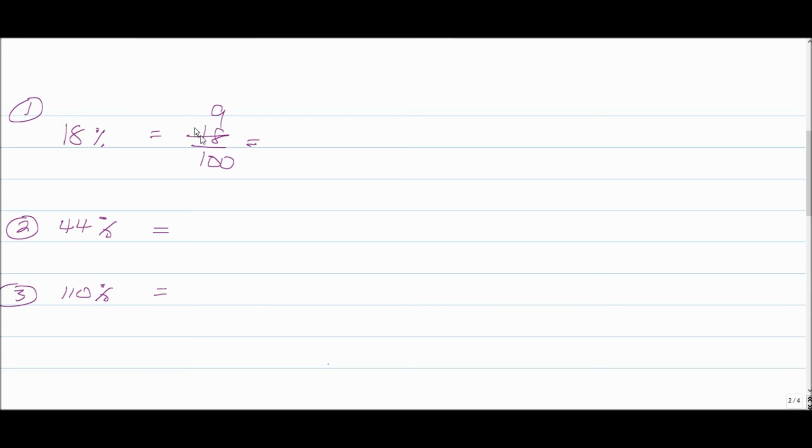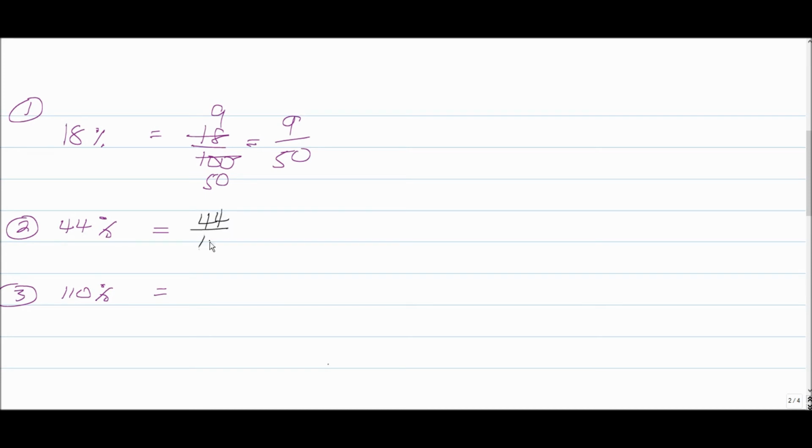And 2 could go into 100 50 times. We can't bring it down any further, so we have 9 over 50, and that would be our answer for number 1.